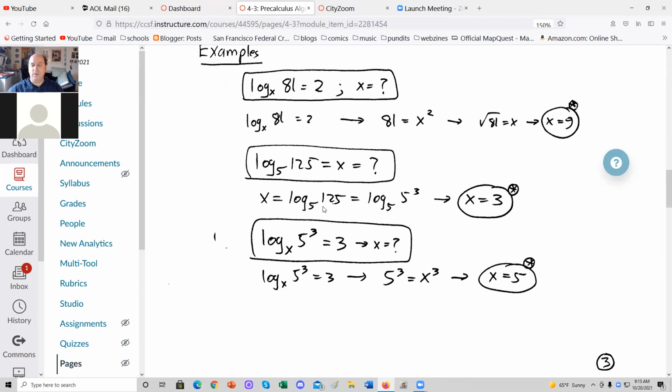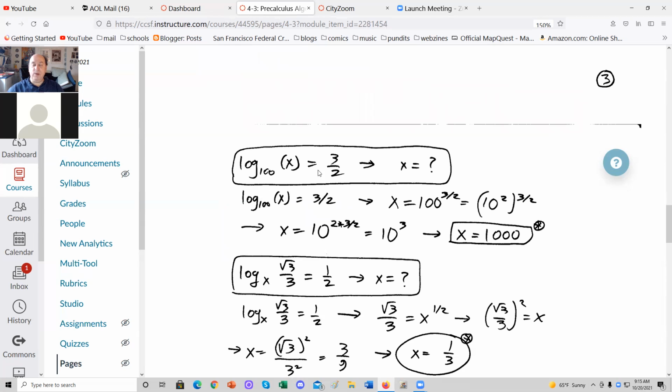Well, you can rewrite 125 as 5 to the third power. And since logarithm base 5 and exponential base 5 are inverses, what's left is the exponent 3. Here's log base x of 5 to the third equals 3 for what value of x? Well, we transpose and get 5 to the third equals x to the third. Cube roots gets you that x equals 5.